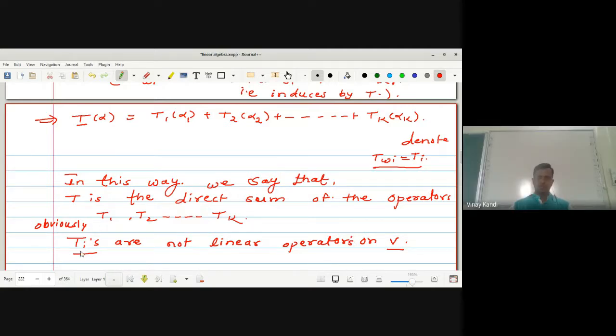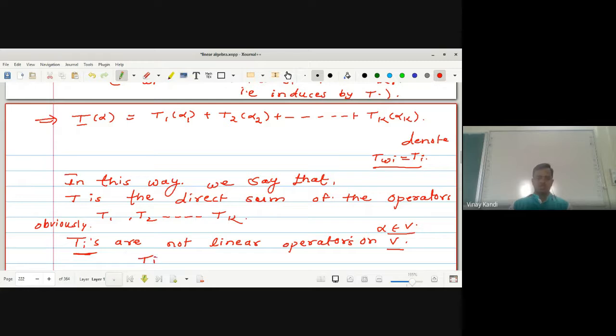Ti is operated on what? It is operated on Wi. Okay, the domain of the Ti is what? Wi, not V. Okay, we don't know how this Ti works on elements of V. If alpha belongs to V, then I don't know how this Ti will operate. But we know how this Ti operates on Wi.